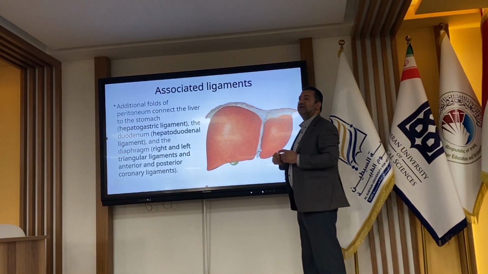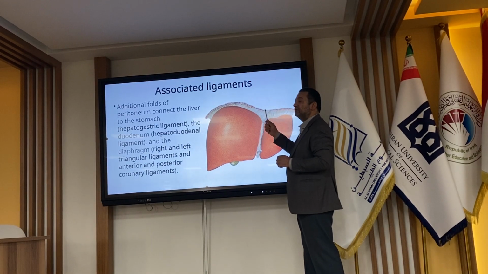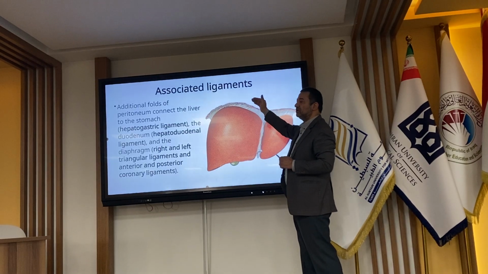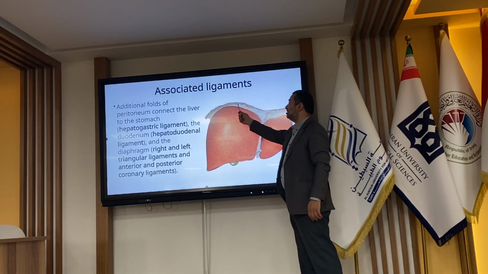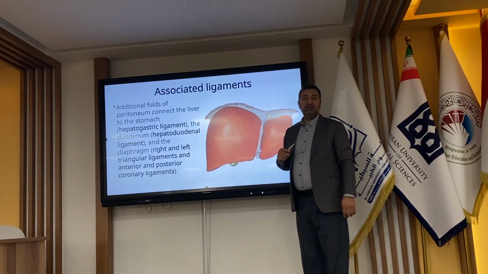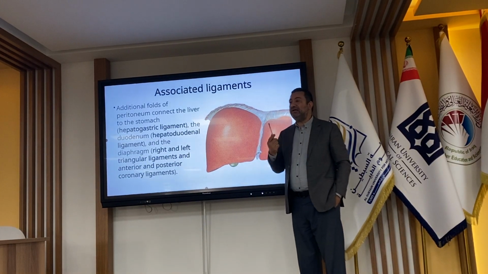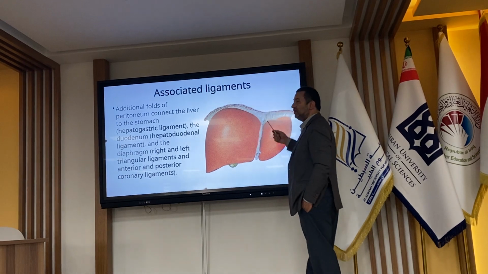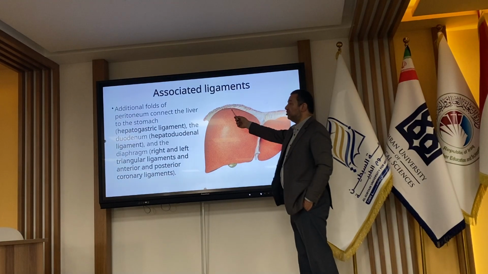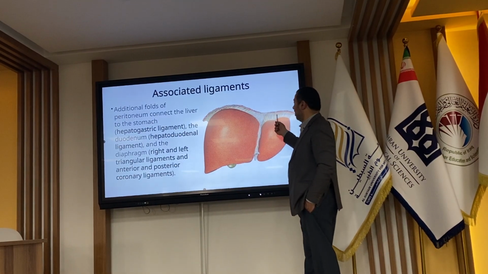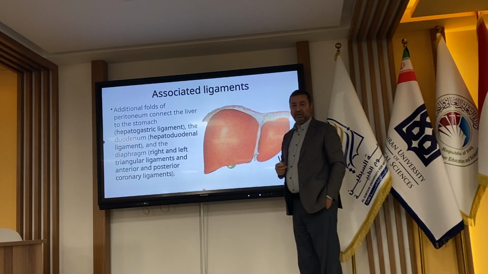This part of the peritoneum, between the superior surface of the liver and the inferior surface of the diaphragm, is called superior or anterior coronary ligament. Anterior coronary ligament is divided into two parts by the falciform ligament.